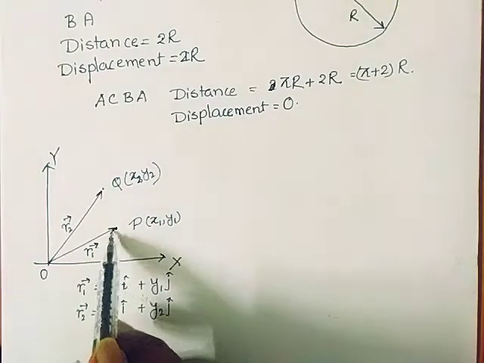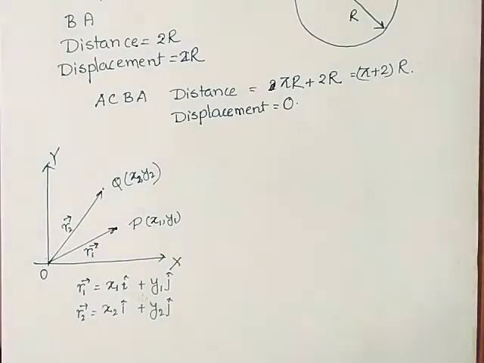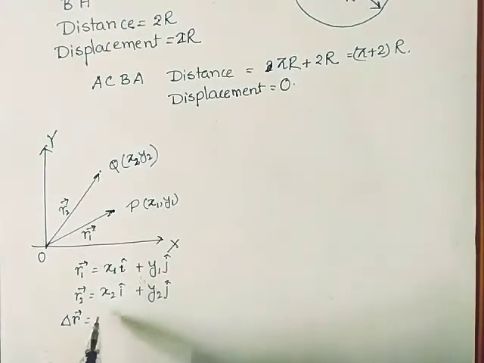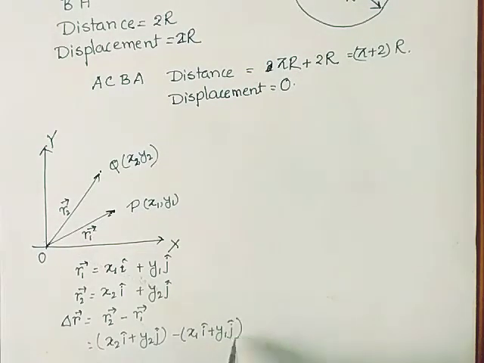So this is the position vector of the point P, and this is the position vector of the point Q. Now to find the displacement vector, that is the final position minus the initial position, r2 vector minus r1 vector, it will be x2 i cap plus y2 j cap minus x1 i cap plus y1 j cap.